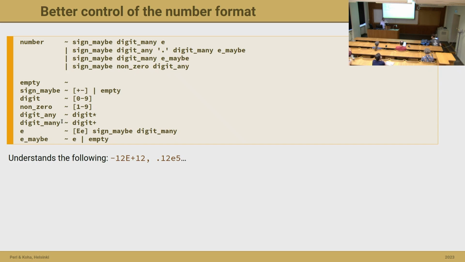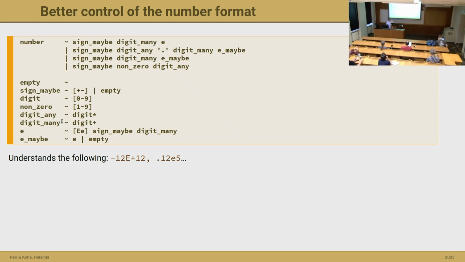So we can use this vertical bar in the L0 grammar as well, and we can describe a number pretty easily, so it can recognize any number that Perl can recognize. Or not any, it doesn't recognize hex numbers, but yeah.